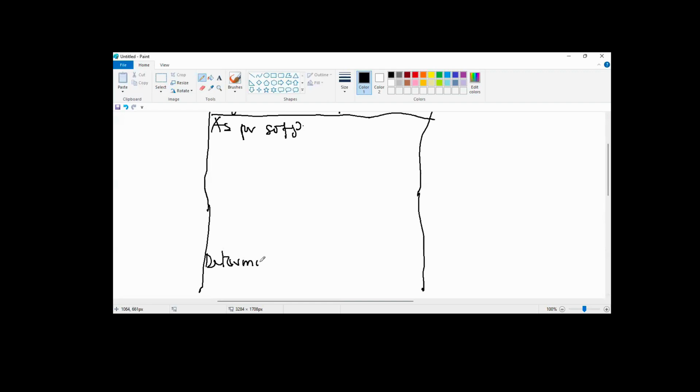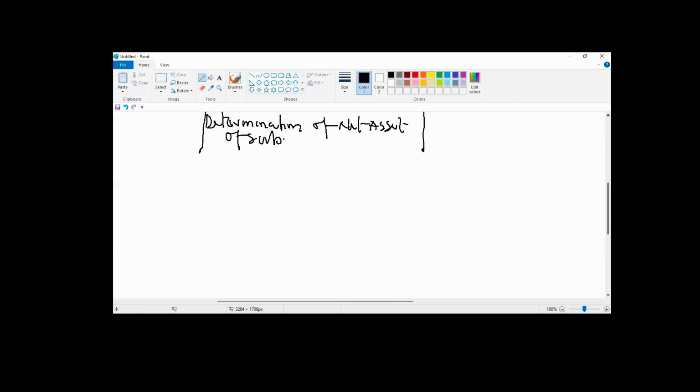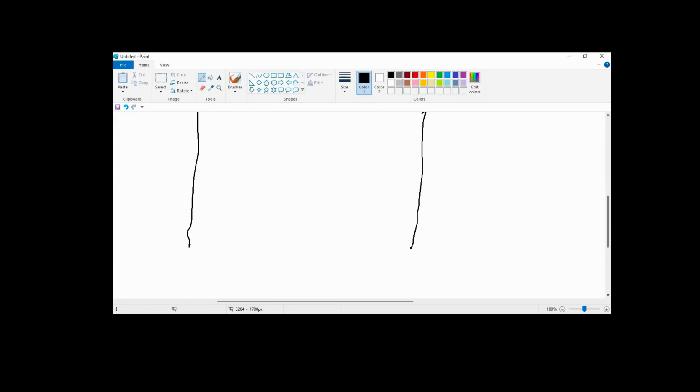Determination of net assets of who? A subsidiary. After determination of net assets, I need goodwill. Don't forget the formula to calculate goodwill. I open everything down, at least to earn something.